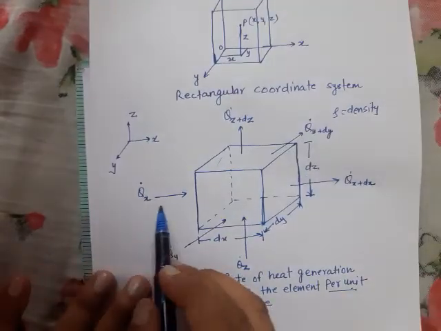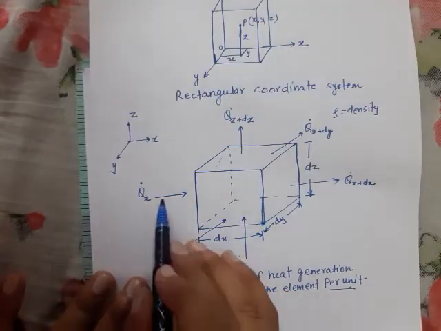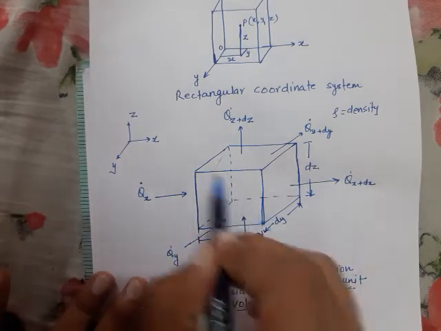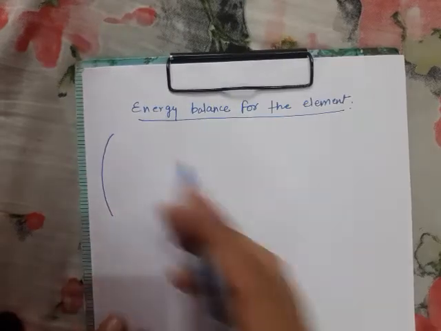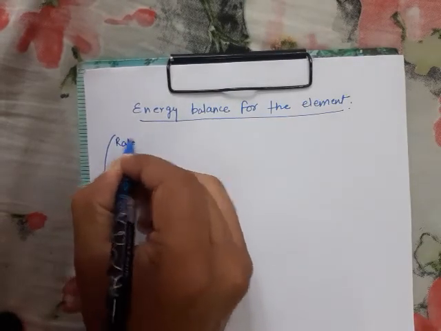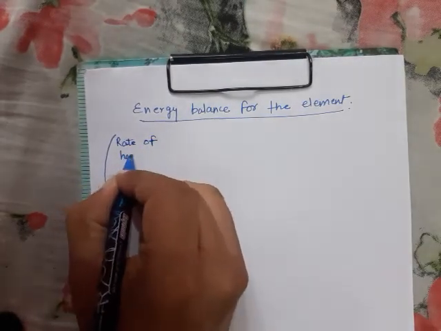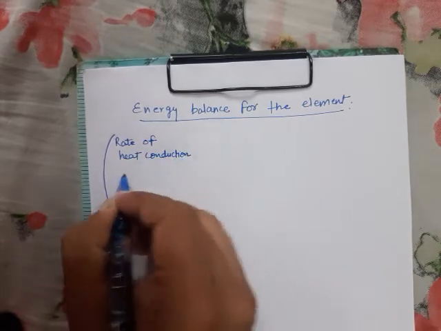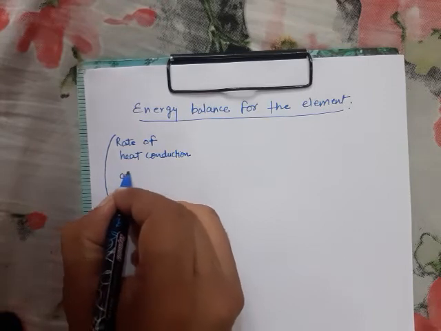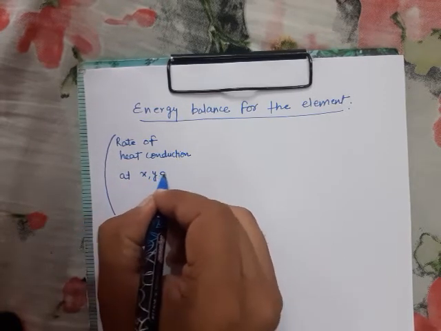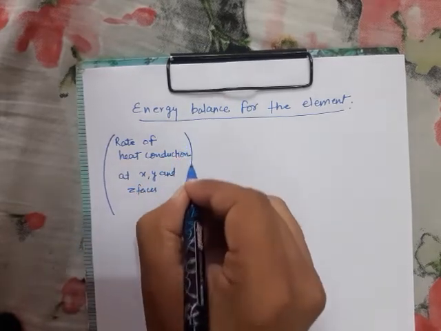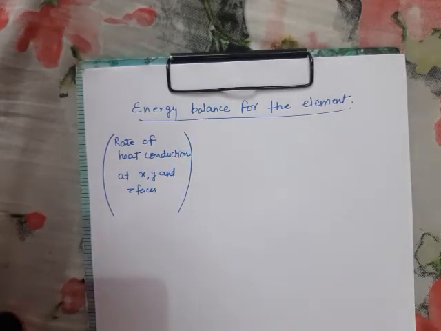Please note, first of all, what is the rate of energy coming into the element? Q dot x, q dot y, and q dot z indicate the energy coming inside the element. So I can write that the rate of heat conduction at x, y, and z faces.